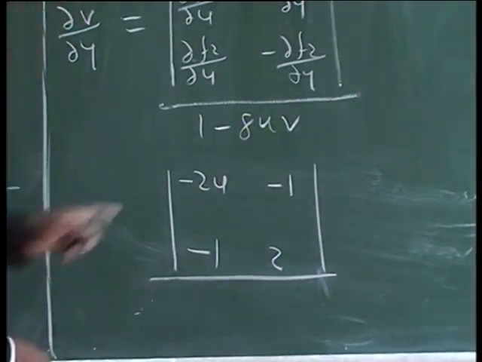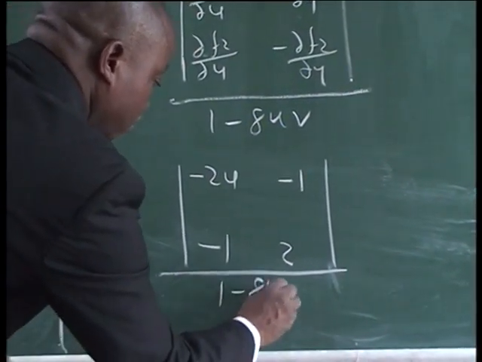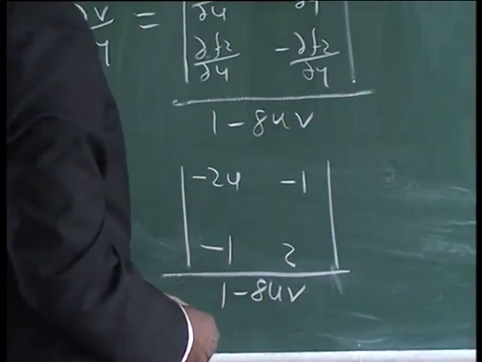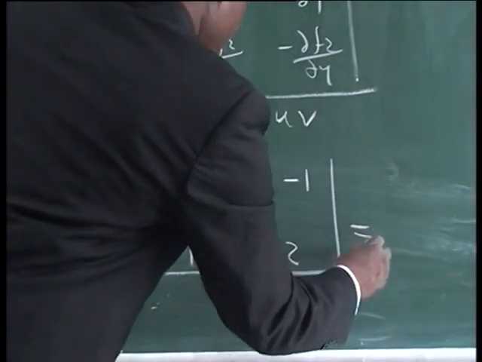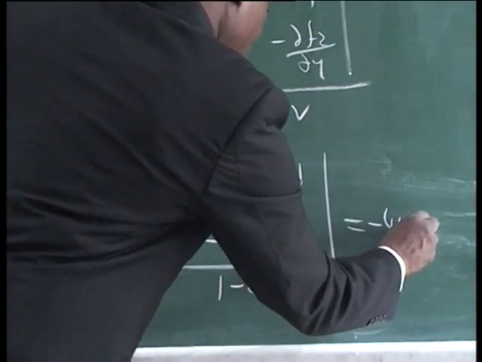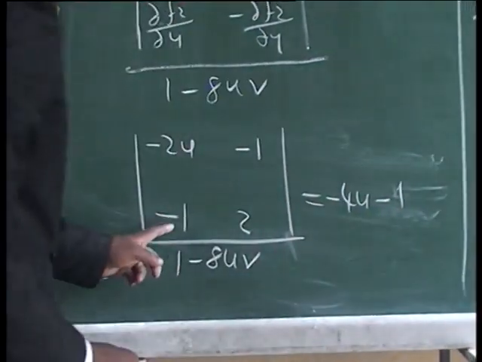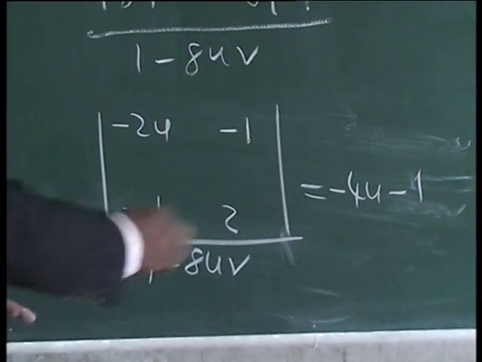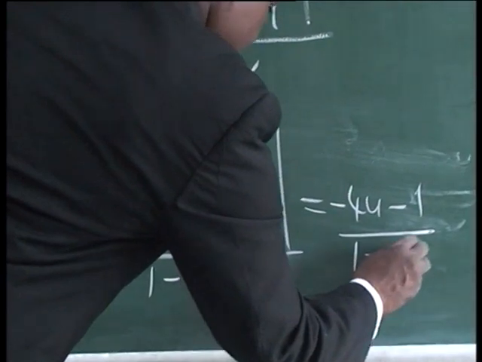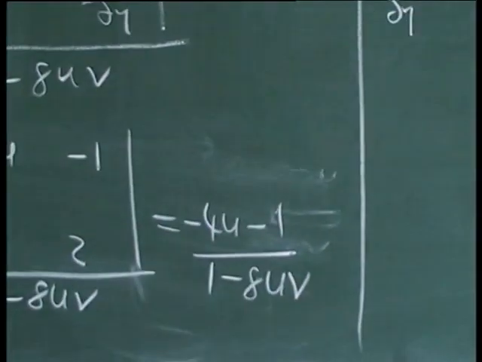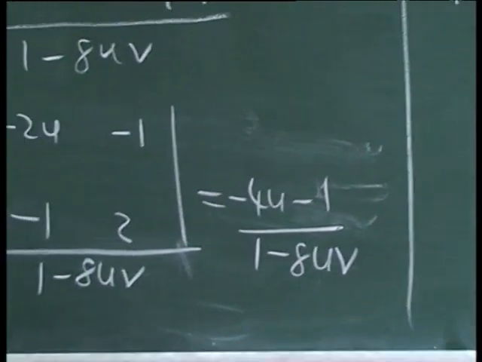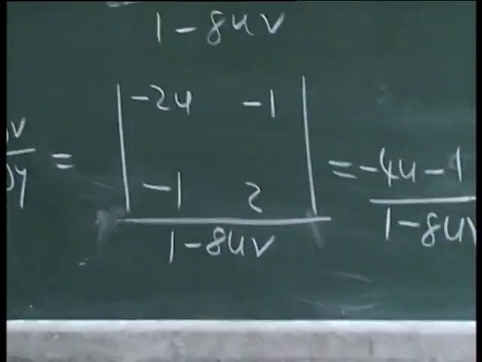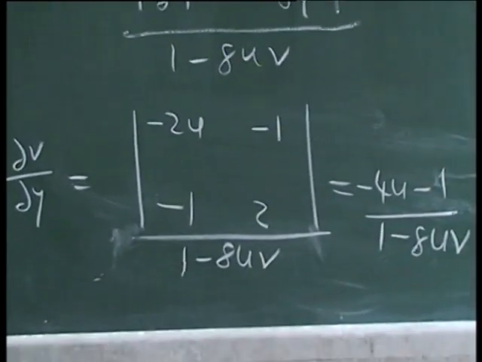Then this is divided by 1 minus 8uv. If we evaluate these determinants, we have minus 4u minus 1. This time this is plus, but there is the invisible minus that exists when we take determinants of 2 by 2. So over 1 minus 8uv. So that becomes partial v partial y. Okay, so that is how we can evaluate implicit functions using the determinant approach.